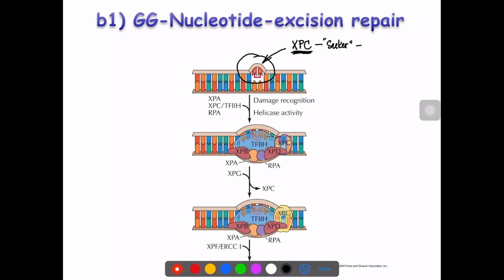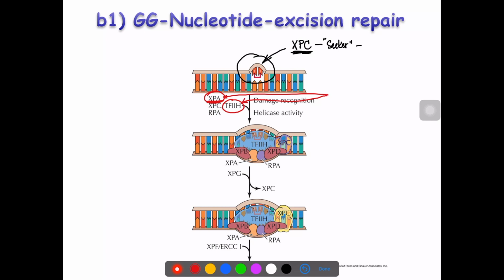And whenever it finds that kind of damage in the DNA, then it binds to that particular region in the DNA, and then it recruits the next players in fixing this type of damage, and they are xeroderma pigmentosum A, and xeroderma pigmentosum A actually is a factor that helps recruit the next factor, and that is a transcription factor.